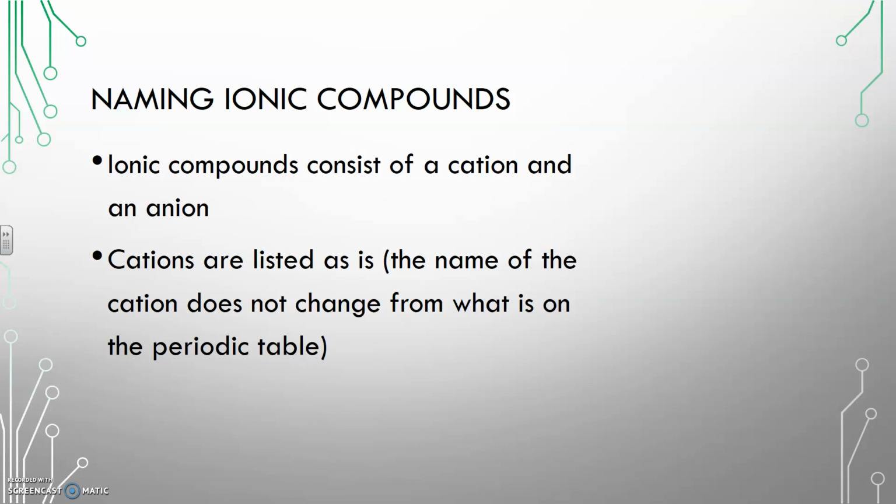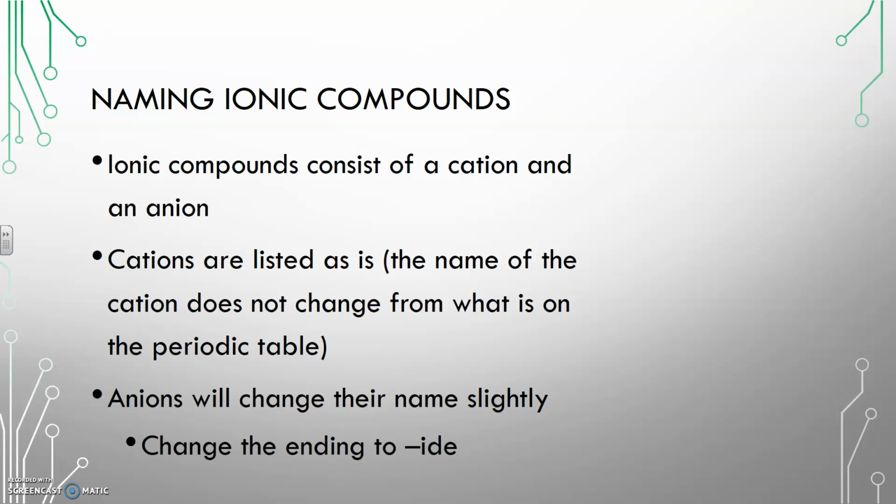If it's lithium on the periodic table, it's lithium in the name. Cations are really easy. And then you're going to change the name of the anion slightly. So if it comes from the left side of the periodic table, it's not going to change and it's going to be listed first. If it comes from the right side of the periodic table, it's your anion, you're going to change the name slightly and it's going to come second.